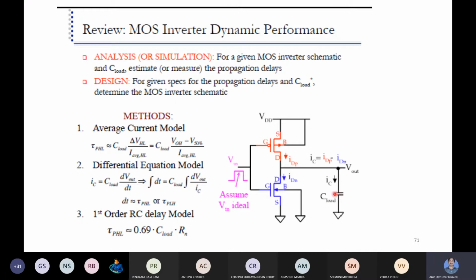Everything is taken into account as a single load capacitor, C load, which includes all types of capacitances.